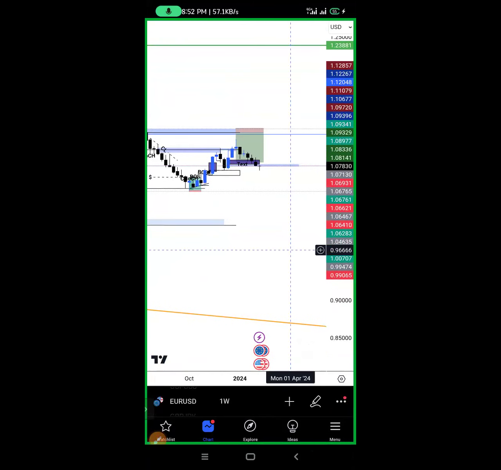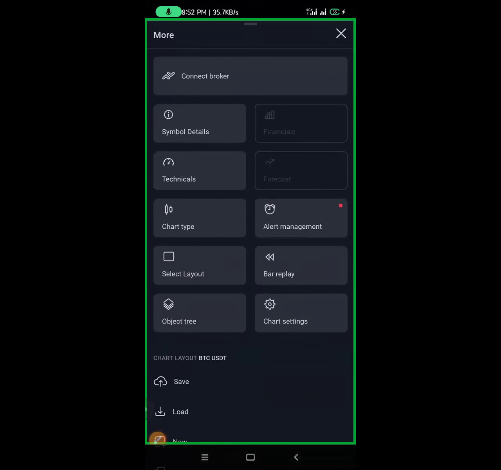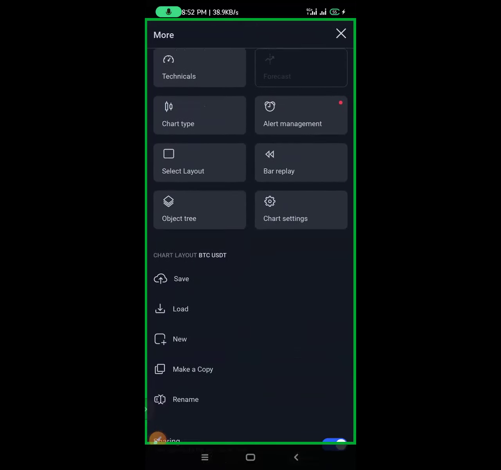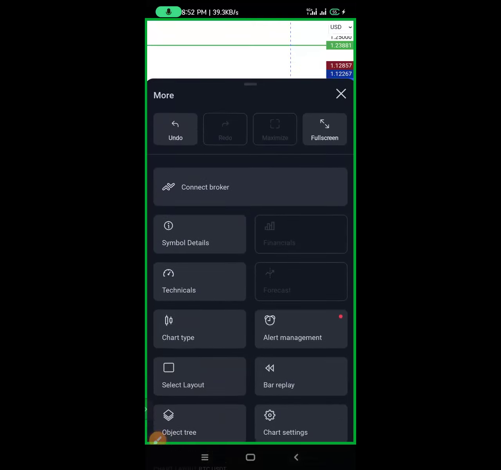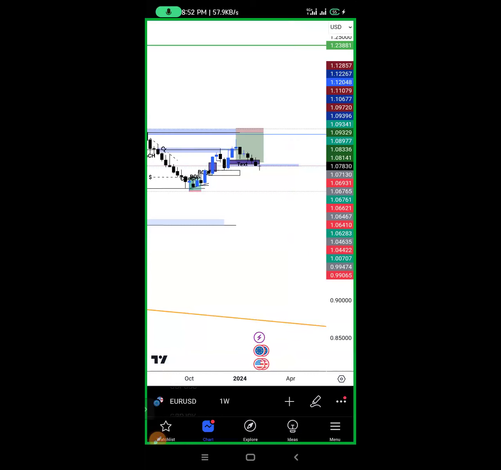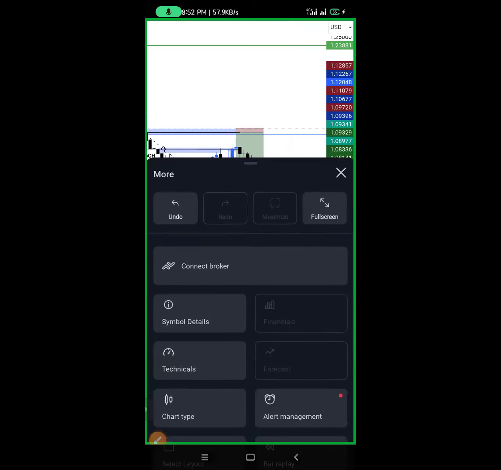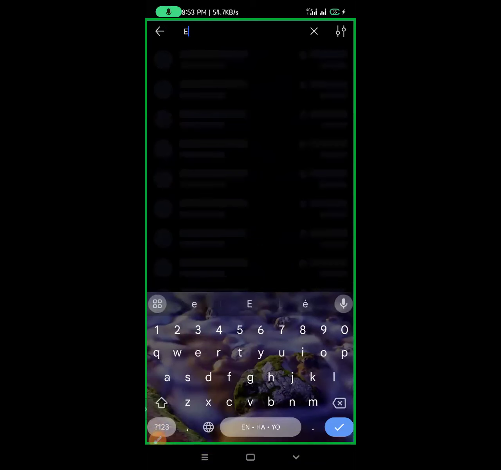I'll be cleaning these charts. How do I clean my charts? All right, let's just pick another pair entirely. Euro USD.